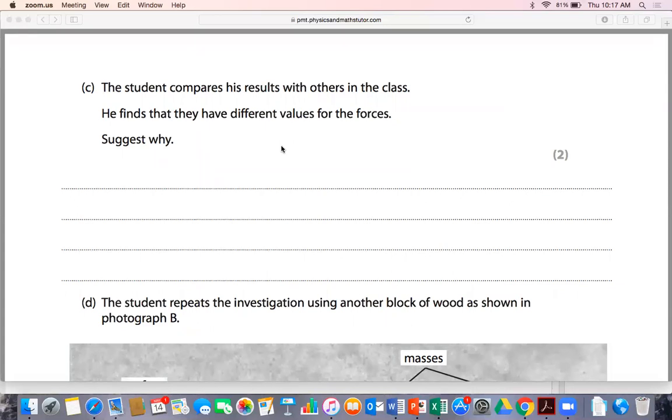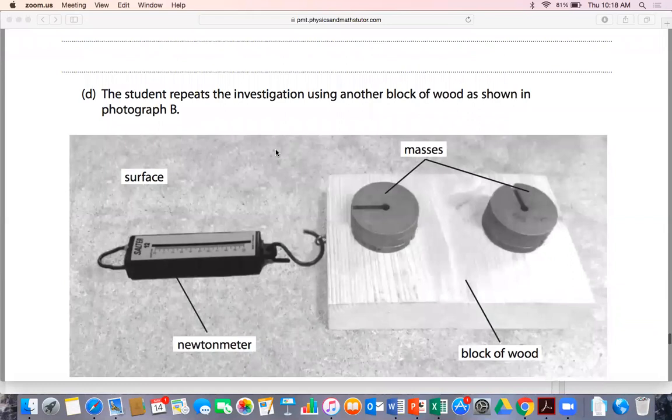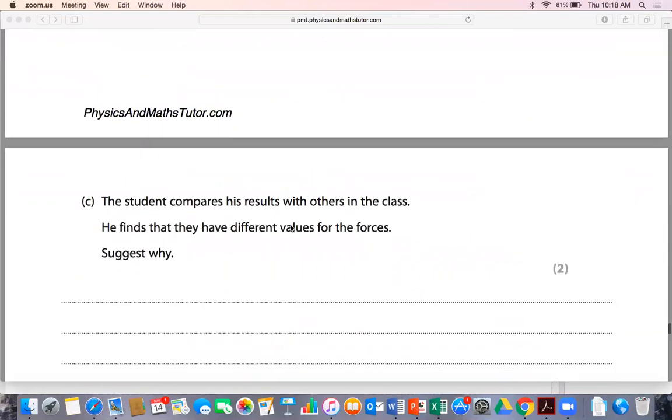Maybe some of them used different mass, different weight on top, instead of 2, maybe 4 or 6. Maybe some of them made a mistake, and did not read the Newton meter, the force meter, correctly.